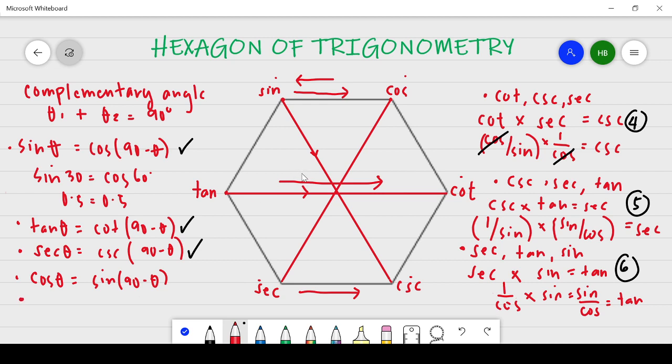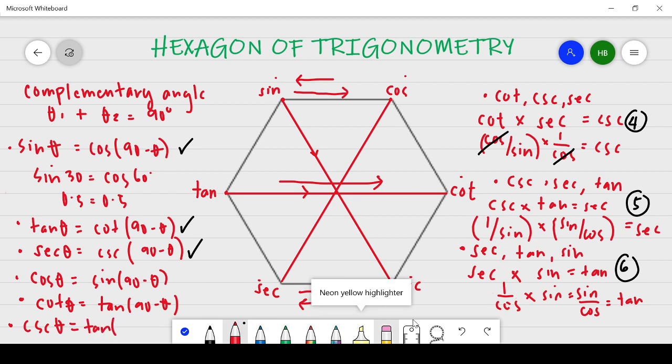Pabalik naman ito. Of course, cotangent theta is equal to tangent 90 minus theta, and pabalik ka naman dito, cosecant theta is equal to, rather, secant 90 minus theta.